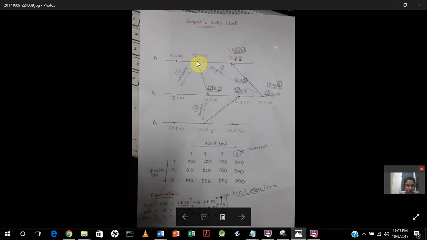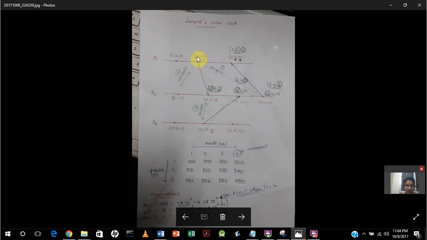Event 2 of process 1 and event 2 of process 2 are causally related, and to update values, you compare these values: 2, 0, 0 is compared with 0, 1, 0.